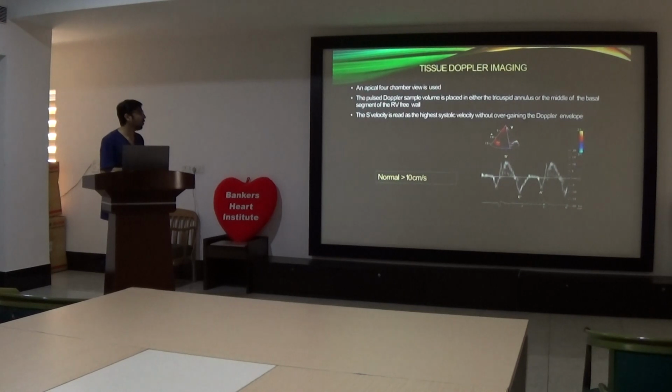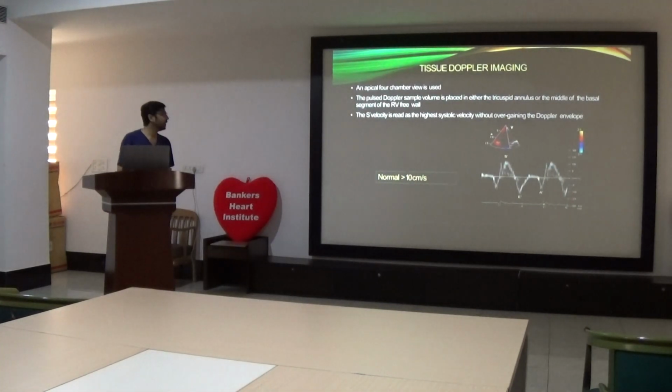And next is tissue Doppler imaging. Again, the apical 4-chamber view is used for tissue Doppler imaging. The Doppler sample volume is placed at the tricuspid annulus level, at the basal segment of the RV free wall.